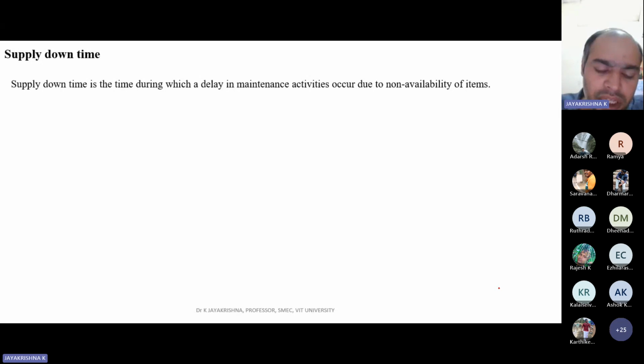The downstream activity will be expecting the product from the upstream activity, and due to maintenance, the upstream activity will not be able to supply it. Because of this maintenance activity, the supply is going to be down. So this time duration when the supply is down is called supply downtime.